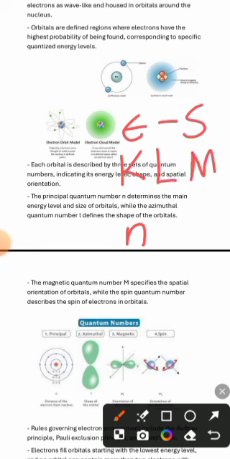So the principal quantum number has values of 1, 2, 3, and so forth. 1 tells us that it is a K shell. 2 is telling us that it is an L shell. 3 is telling us that it's an M shell.